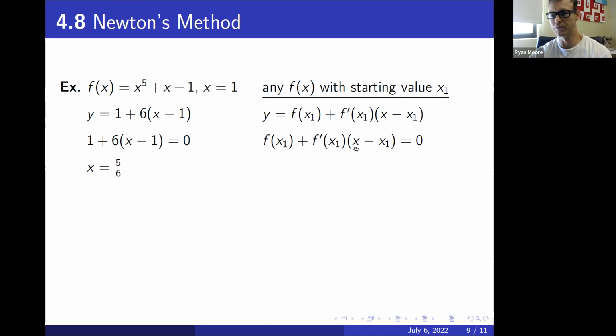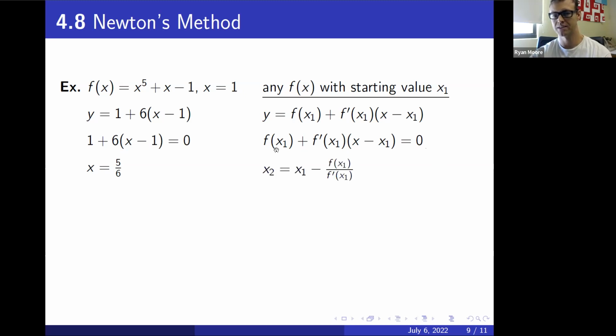So if we're solving for this x here, what would that look like in general? We would subtract the f of x1. We then need to divide by f prime x1. Finally, we would need to add the x1. Here's what it would look like in the end.